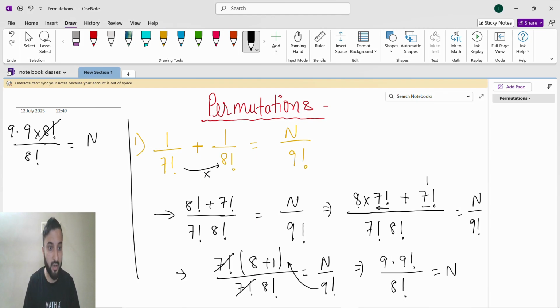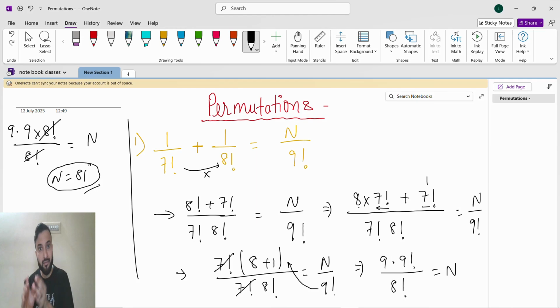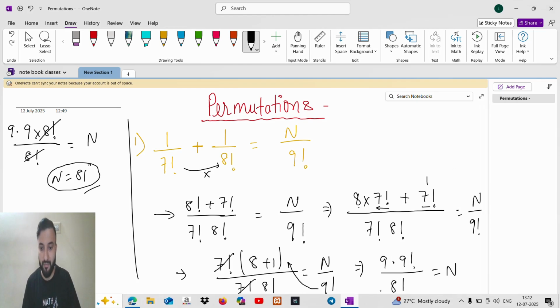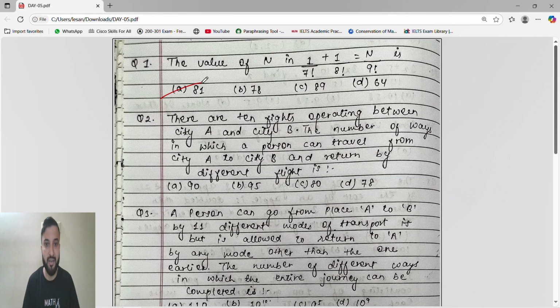The 8 factorial gets cancelled, and 9 into 9 is 81. So n equals 81, and the answer is 81.